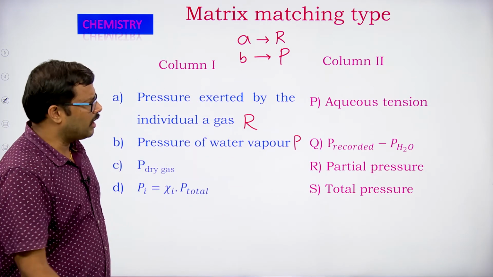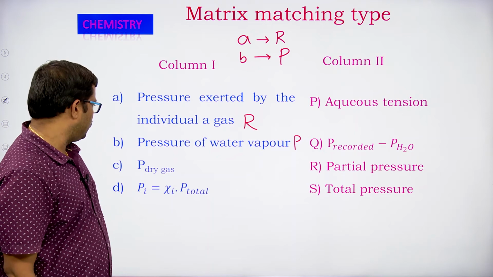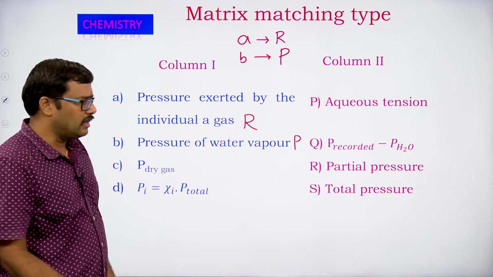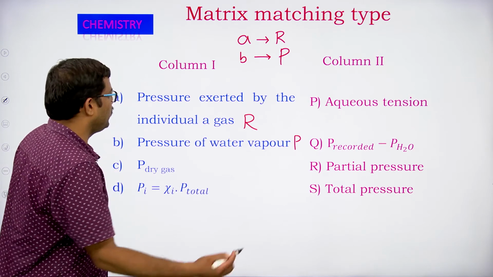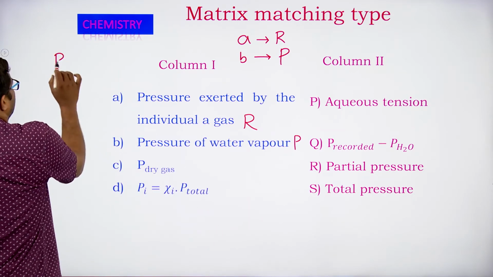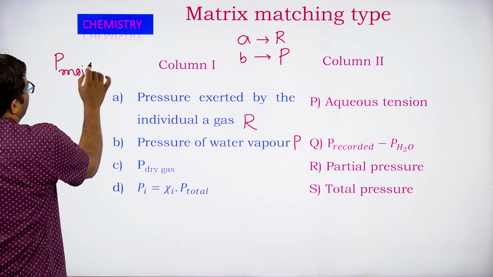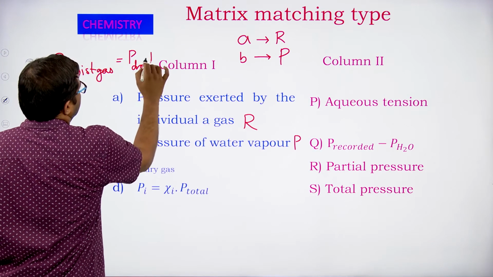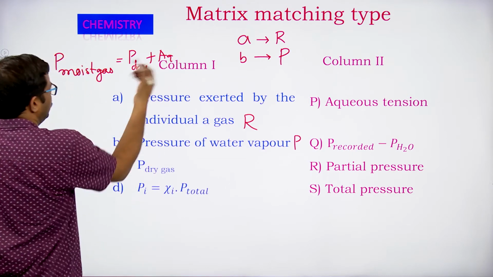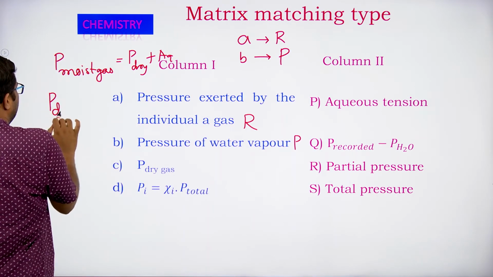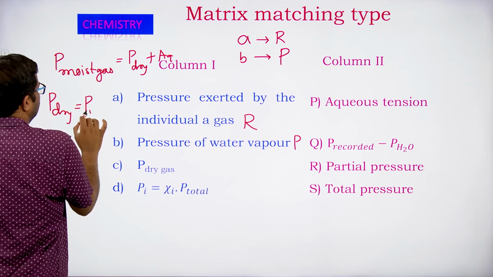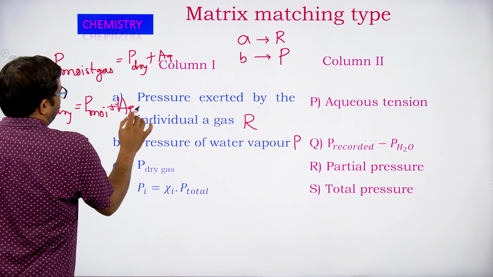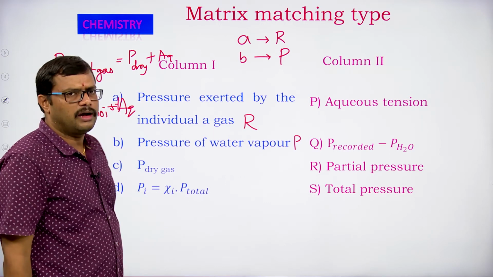Okay. And how are we going to calculate the dry gas pressure? Pressure of a dry gas we can calculate by subtracting. We know that in the case of a moist gas, pressure of the moist gas is equal to pressure of dry gas plus aqueous tension, that is pressure of water. So, if I want to calculate the pressure of dry gas, I have to subtract the aqueous tension from the moist gas pressure, that is the recorded pressure.